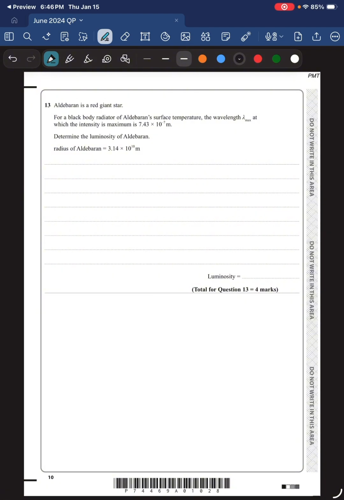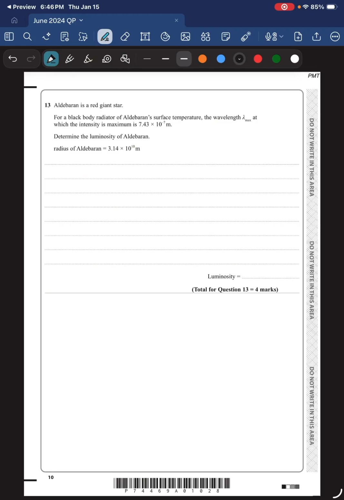So anyway, for a black body radiator of Aldebaran's surface temperature, the wavelength lambda max at which the intensity is maximum is 7.43 times 10 to the negative 7 meters. Determine the luminosity of Aldebaran. And they give you the radius.